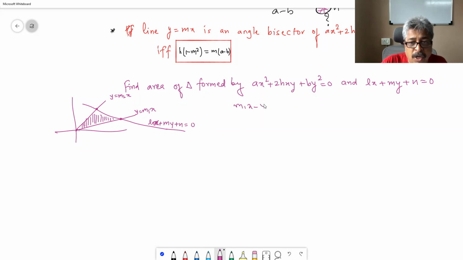m1x minus y is equal to 0 and Lx + my + n = 0. So minus should be written on the other side.